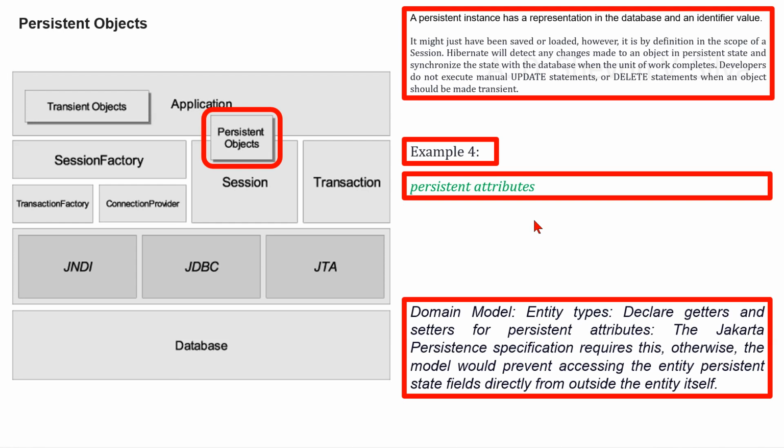Nevertheless, you can still tell Hibernate to directly access the entity fields. Attributes, whether fields or getters or setters, need not be declared public. Hibernate can deal with attributes declared with public, protected, package or private visibility. Again, if wanting to use runtime proxy generation for lazy loading, the getter or setter should grant access to at least package visibility.